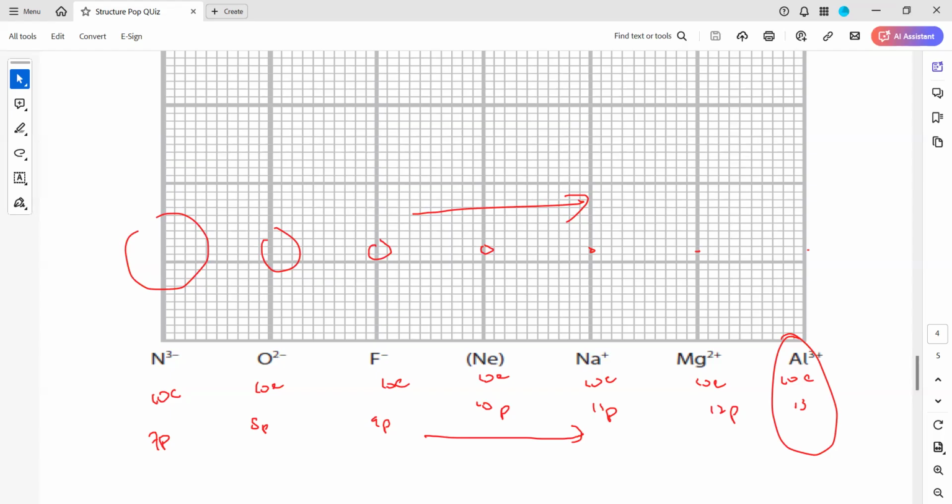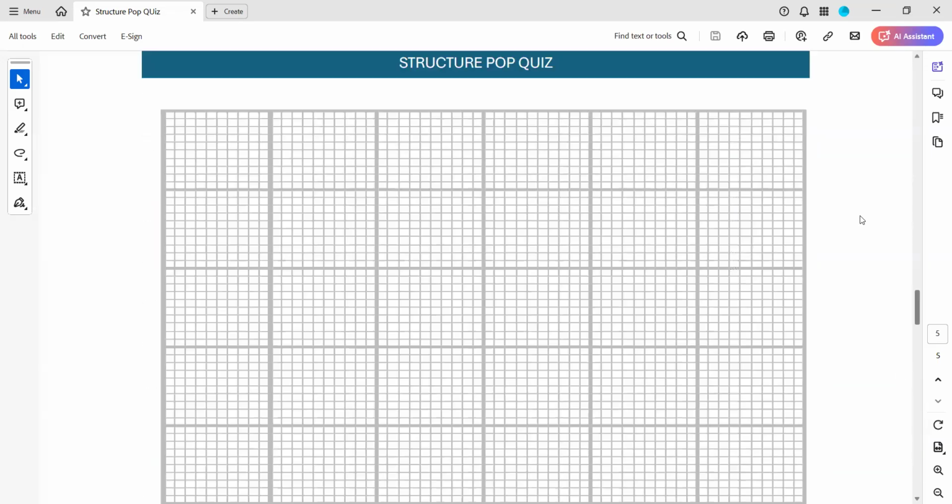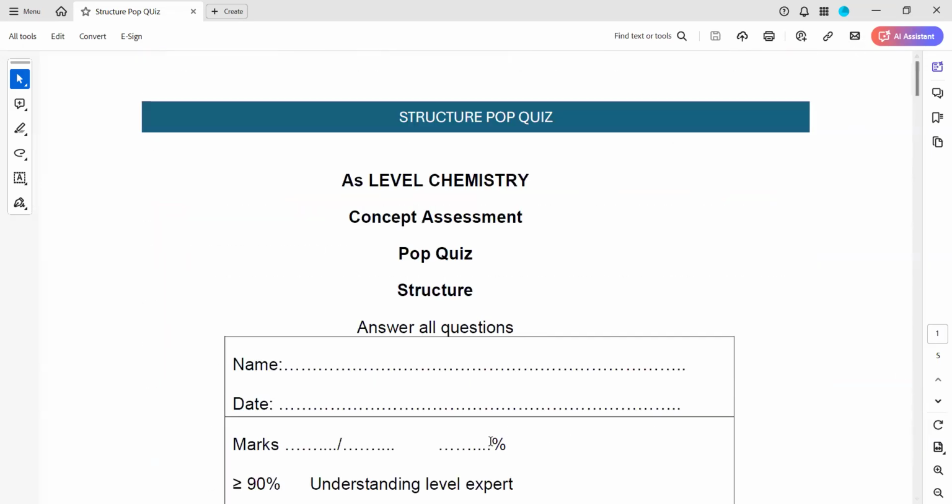So when we move from nitride ion to aluminium ion, the size will decrease. The ionic radii will decrease. You can also mention that. Is it clear, this one? So nuclear charge increases, the nuclear attraction will also increase.